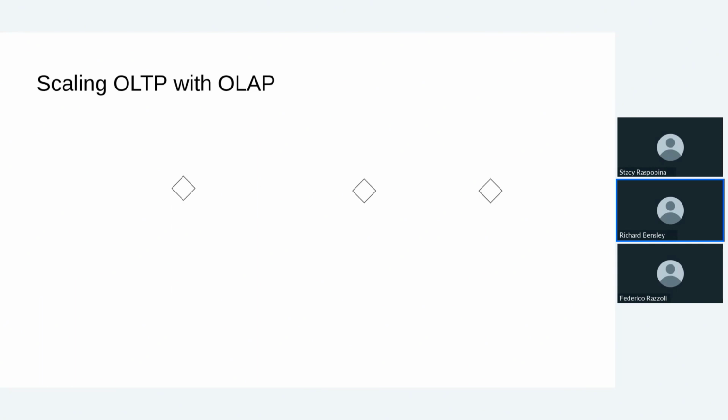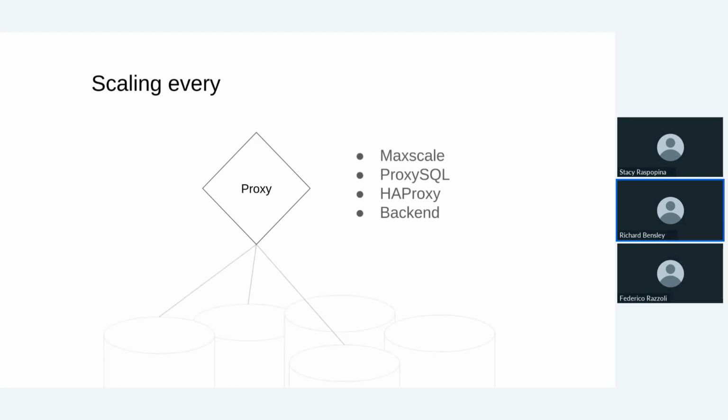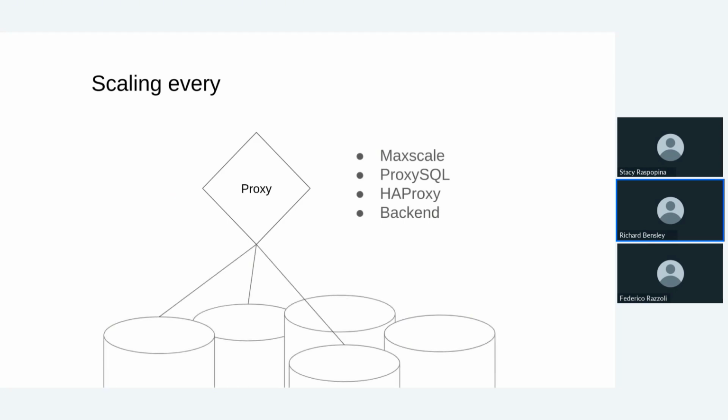As we come back to Federico's example of focus on these kind of components in the stack, which is the proxy. And I've actually added one more example here, which is the back end, because your developers or the product owners will know what is an acceptable query, or perhaps in their ORM, they'll know how to generate a query which can go to different servers.